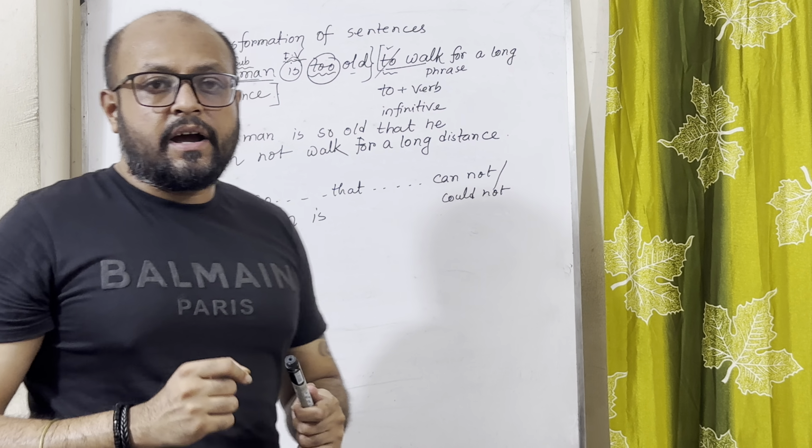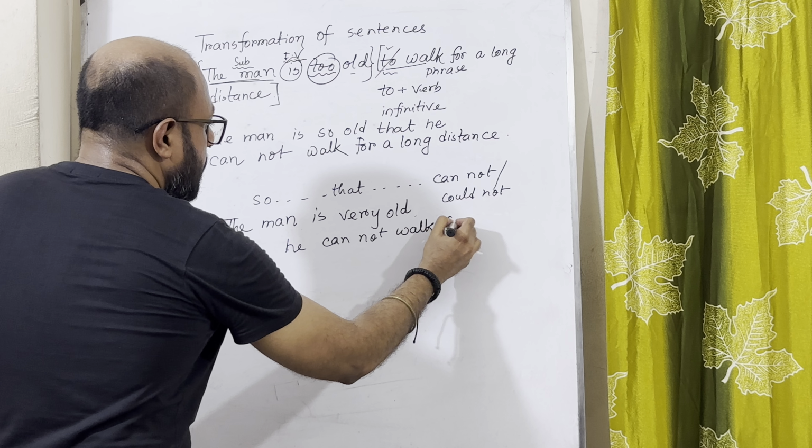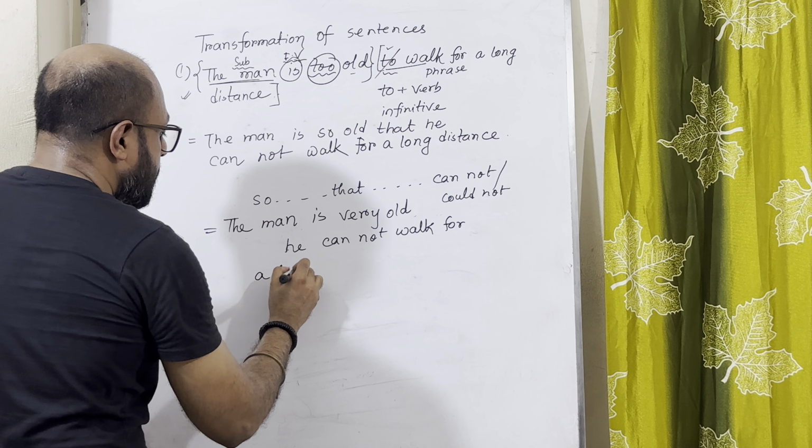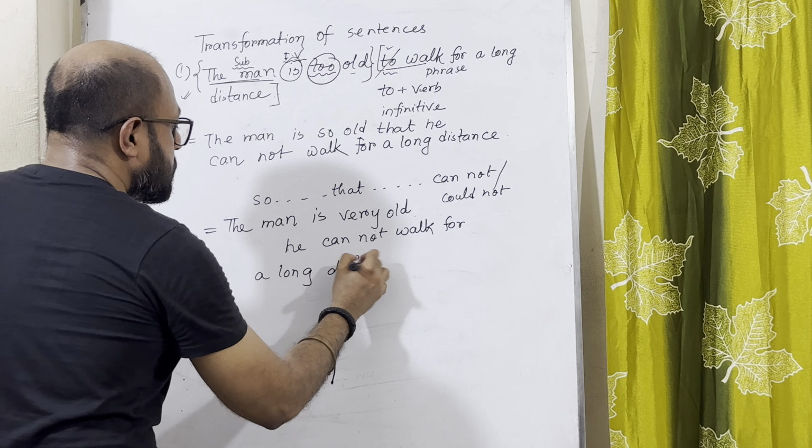The man is very old. This is my one principal clause, and to walk for a long distance is indicating that the same person is unable to walk for a long distance. That means he cannot walk for a long distance.